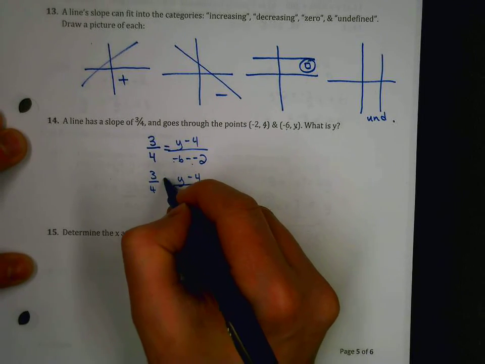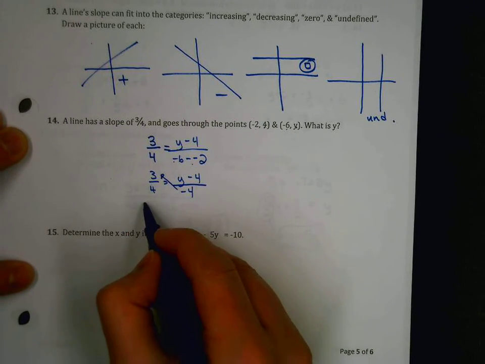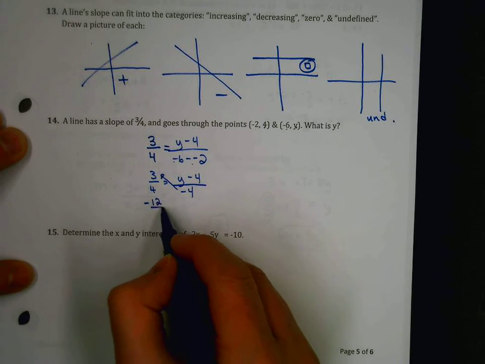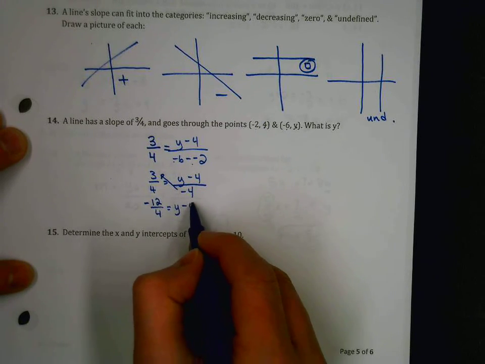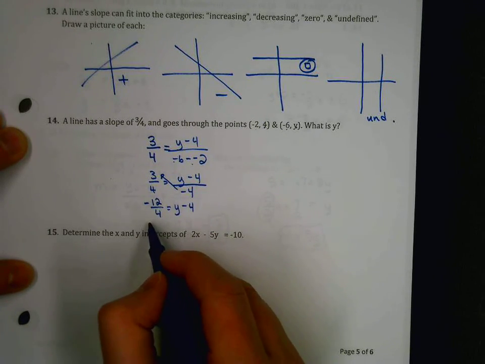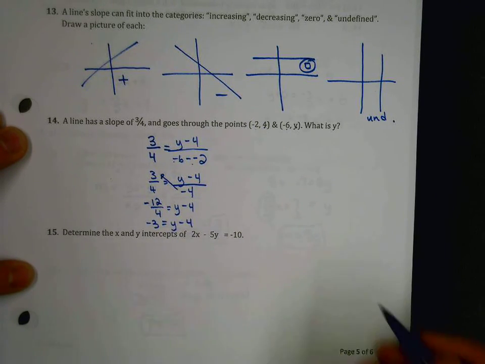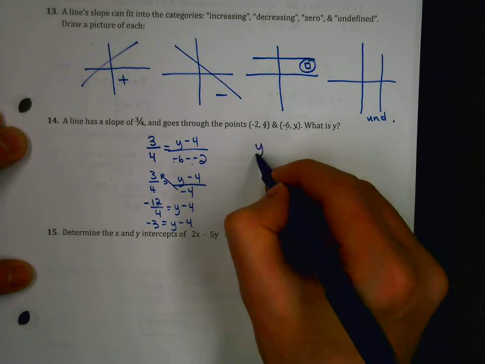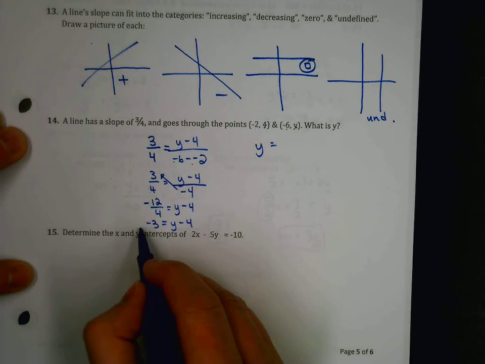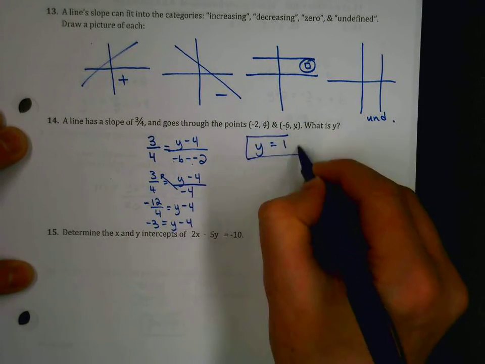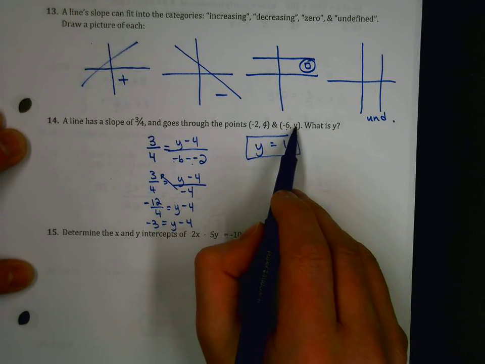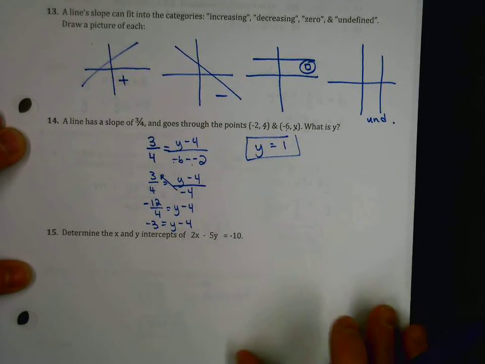I'm going to cross multiply this negative 4 up here to make a negative 12 over 4 that equals y minus 4. In fact, negative 12 divided by 4 is a negative 3. And if we add the 4 to the right side, it tells us that y is equal to 4 minus 3, 1. So if you try a 1 into that y value, it should give us a slope of 3/4.